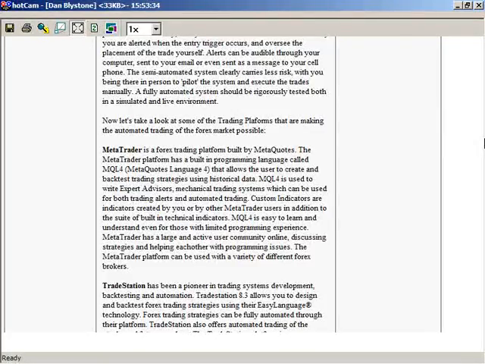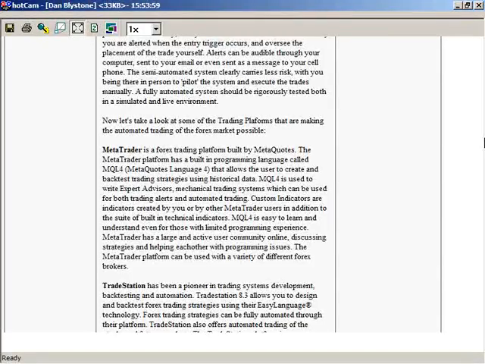Metatrader is a Forex trading platform built by a company called MetaQuotes. The platform has a built-in programming language called MQL4, MetaQuotes Language 4, that allows the user to create and backtest trading strategies using historical data. MQL4 is used to write expert advisors. You'll hear this word a lot if you're surfing the web, in the Forex forums and so forth.